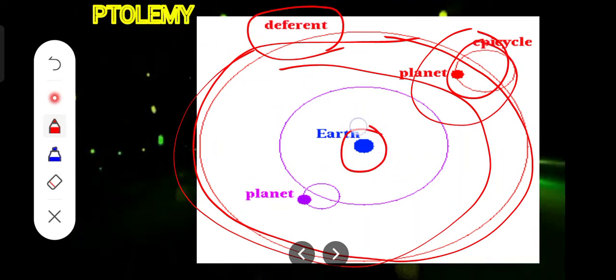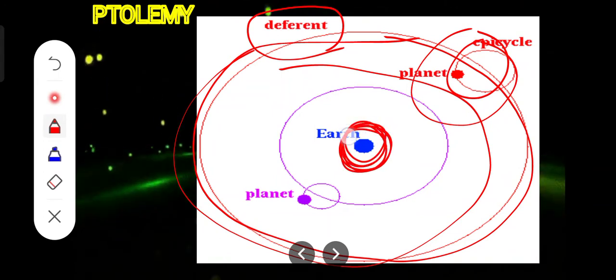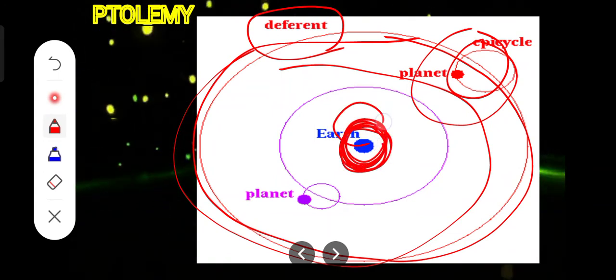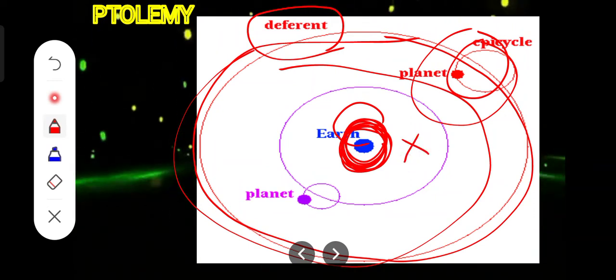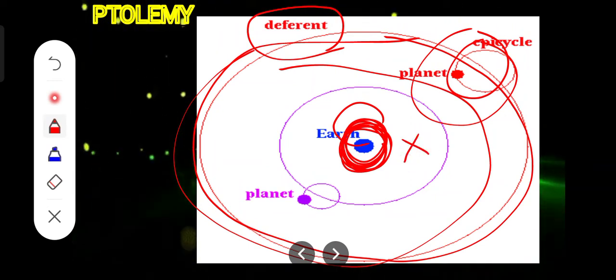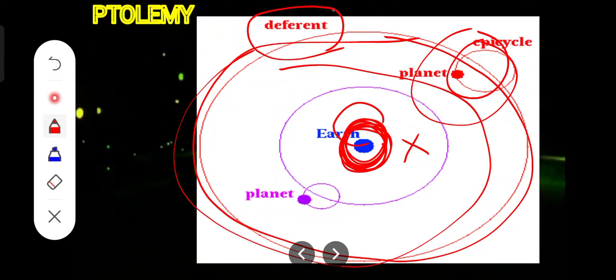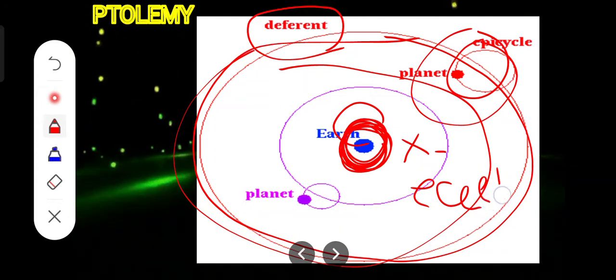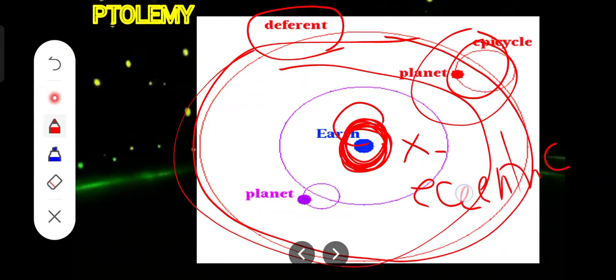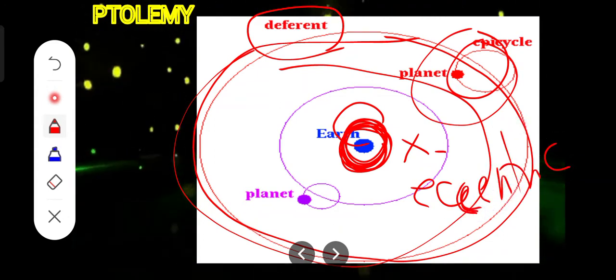And we cannot deny the fact that even though Earth is at the center, the Earth is still rotating. That's why there is an X here, and the X symbolizes that one is the center of the deferent. And we call this one as eccentric. Okay? Double C, eccentric.